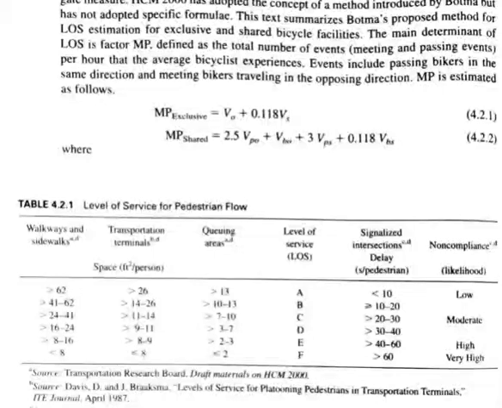Here MP is the total number of events, that is, meeting and passing events per hour that the average bicyclist experiences. So what is this event? An event means bikers passing in the same direction and meeting bikers who are traveling in the opposite direction.